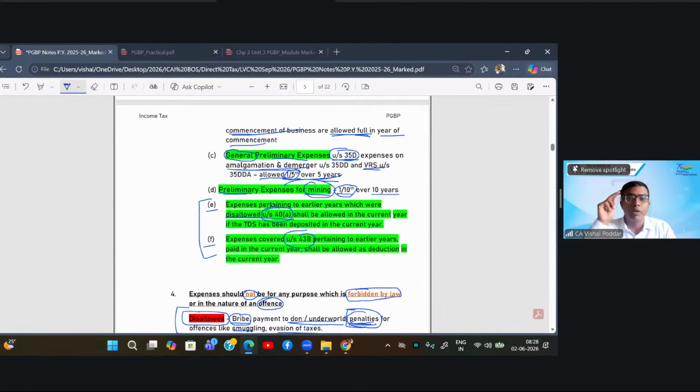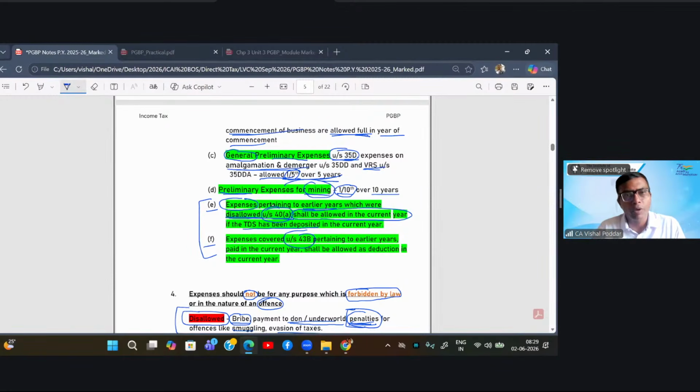But you have deposited that TDS now. So the expenses of 22-23, the TDS of that expense is deposited in 25-26. Now what will happen? As per what we just studied in 40 clause A, even though the expense is of earlier year and it was disallowed in that year under 40 clause A, but it will be now allowed in the current year. Why? Because now you are depositing the TDS.